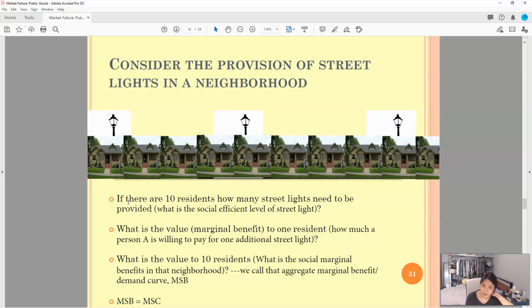That's the key question we want to answer. And when we get the social marginal benefits, we can let social marginal benefits equal social marginal costs. Then we can get the socially efficient level of street lights.